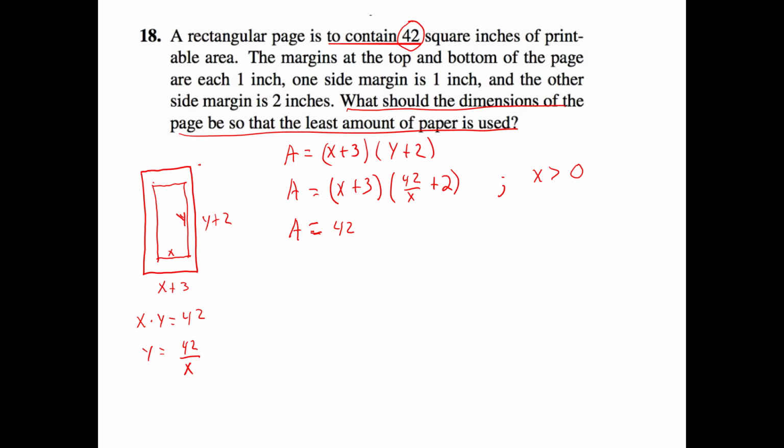The x times the 2 will be 2x. The 3 times the 42 over x will be 126 over x. And then the 3 times the 2 is 6.